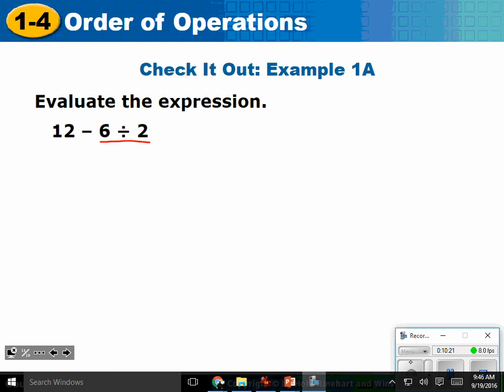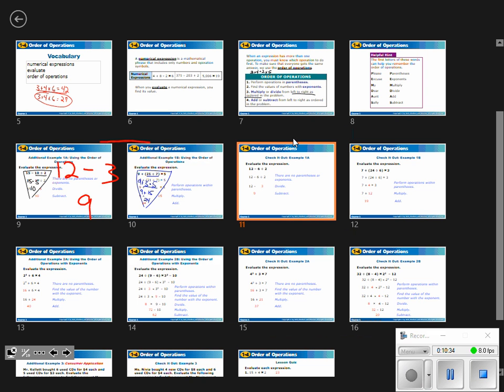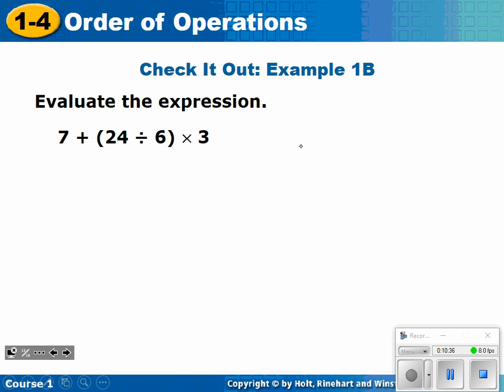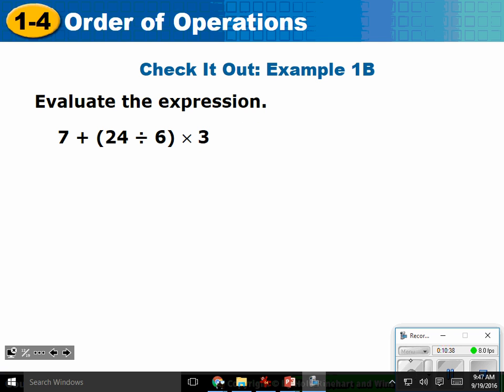6 divided by 2 comes first, so we got 12 minus 3, which is 9. Next one, on your whiteboards. So this comes first, so we got 7 plus 4 times 3.